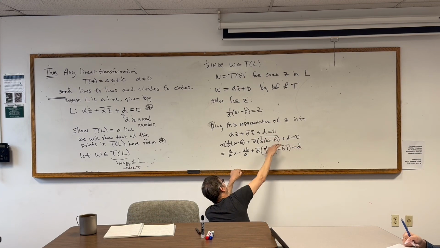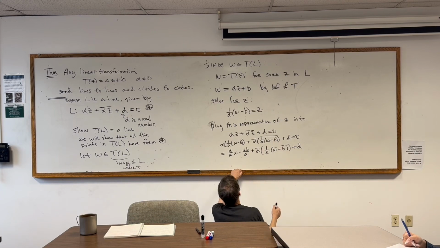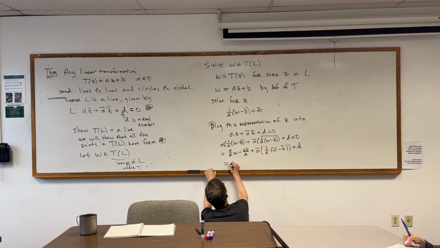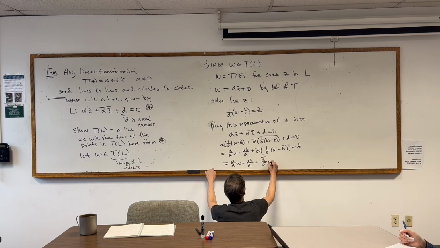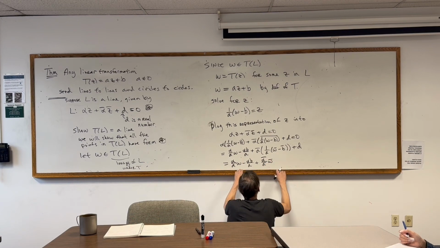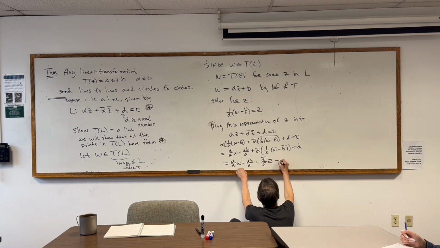Just sharing that conjugate love to everybody. That one, and that one, and that one. Everybody gets them. And you'll start to see that this is becoming just a fancy looking line form.